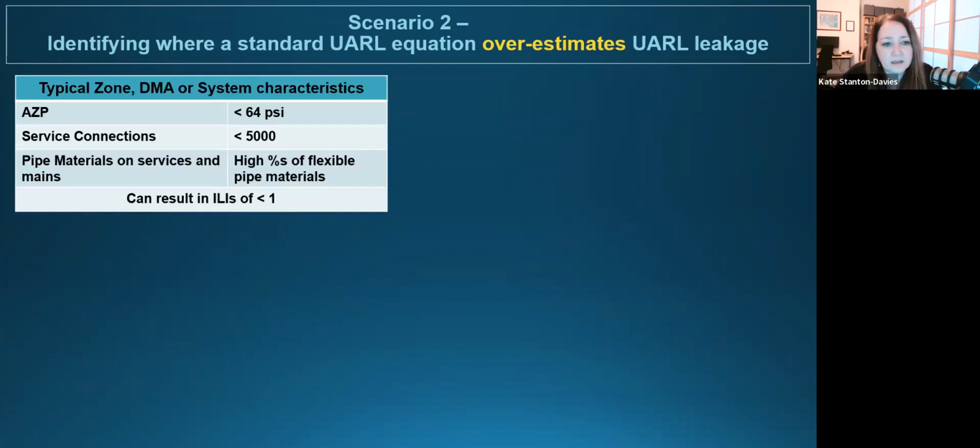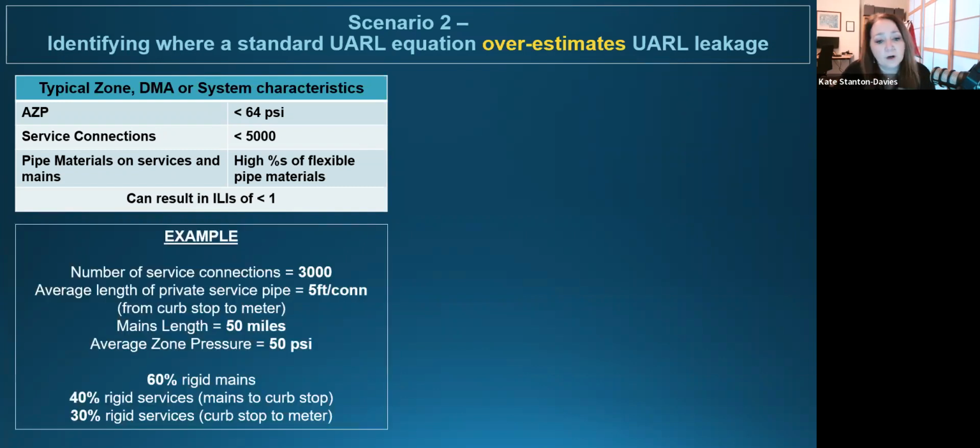You've got a small number of service connections, less than 5,000 service connections, and you've also got high percentages of flexible materials on services and mains. And these conditions can also result in ILIs of less than 1 using the standard UARL equation. So what we're going to do is we're going to work through an example to see what an SCF calculation can tell us.